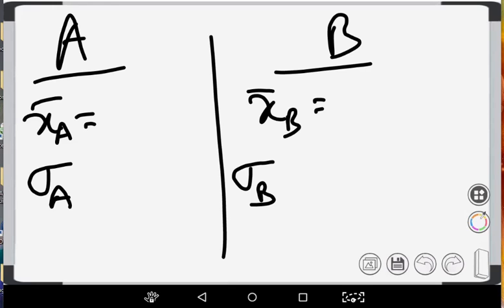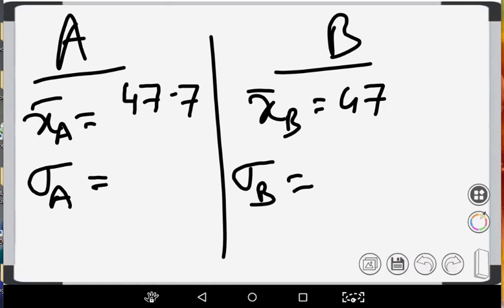Please find out the mean and standard deviation for A and B. The mean for A is 47.7, and for B it is 47. So x A bar is 47.7 and x B bar is 47.